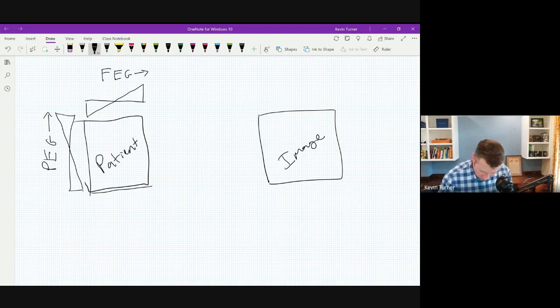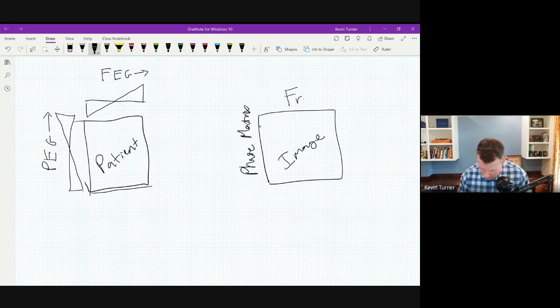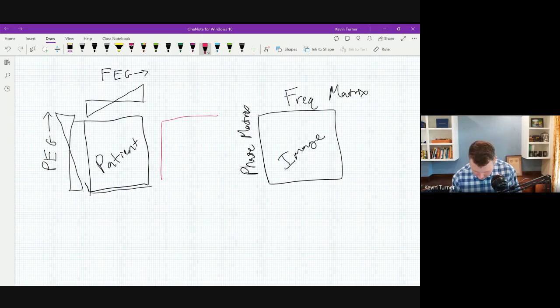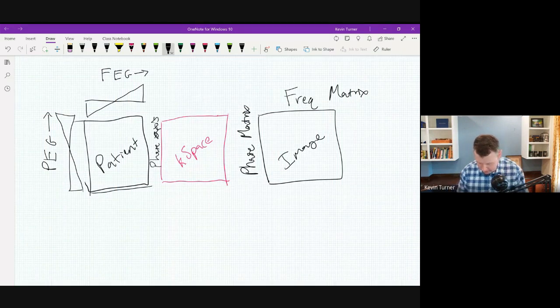And on the image, we have a phase matrix, and we have a frequency matrix. Between the patient and the image is where we have K-space. And here we have a phase axis and a frequency axis.